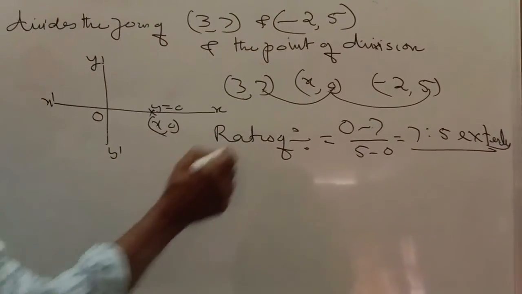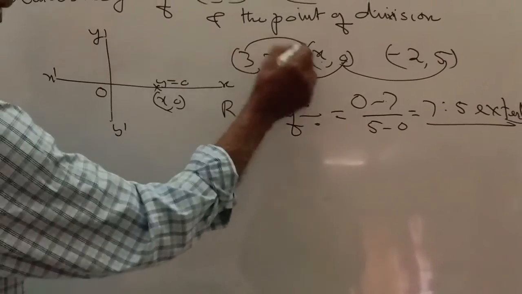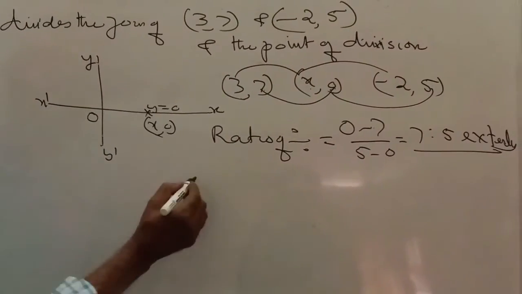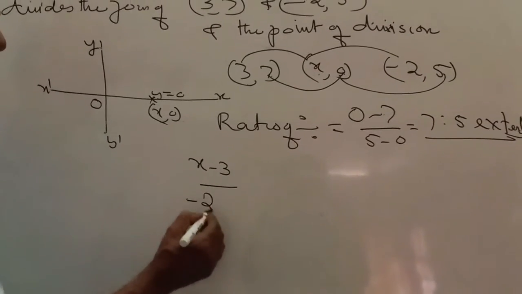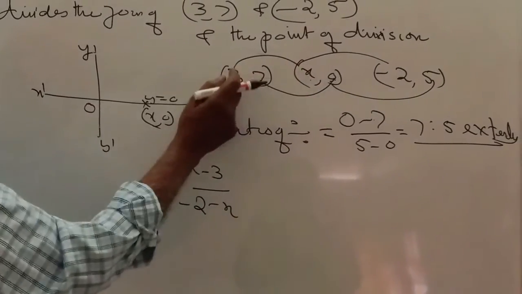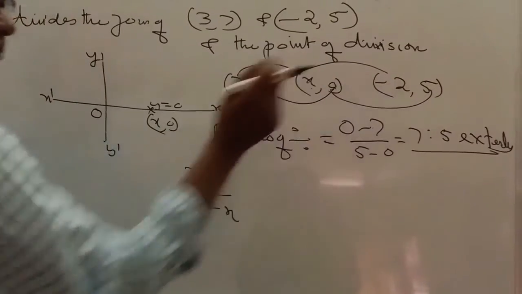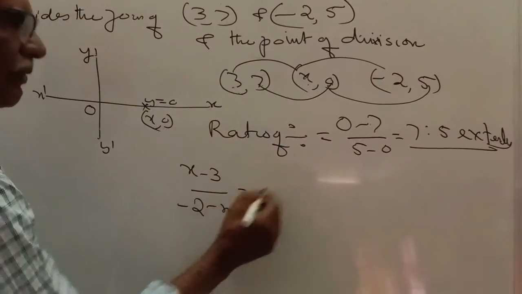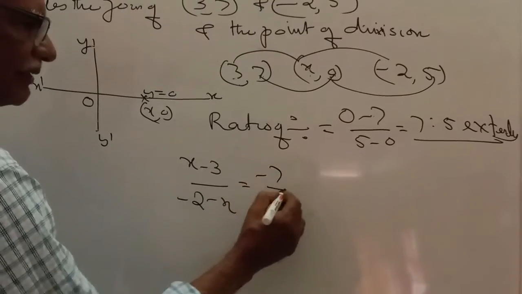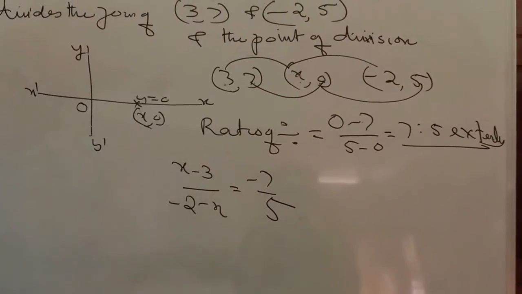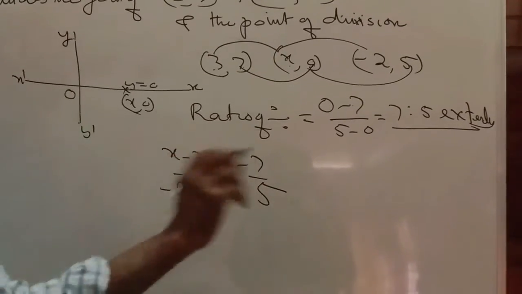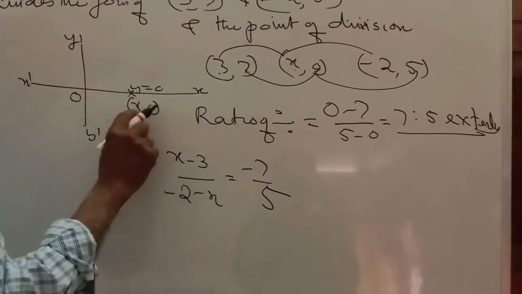Now for the point we require x. We take this one. The ratio is (x minus 3) by (minus 2 minus x). But that value is already there, minus 7 divided by 5. We can cross multiply and get x. Simplify, get x. Once you get x, the point is there.